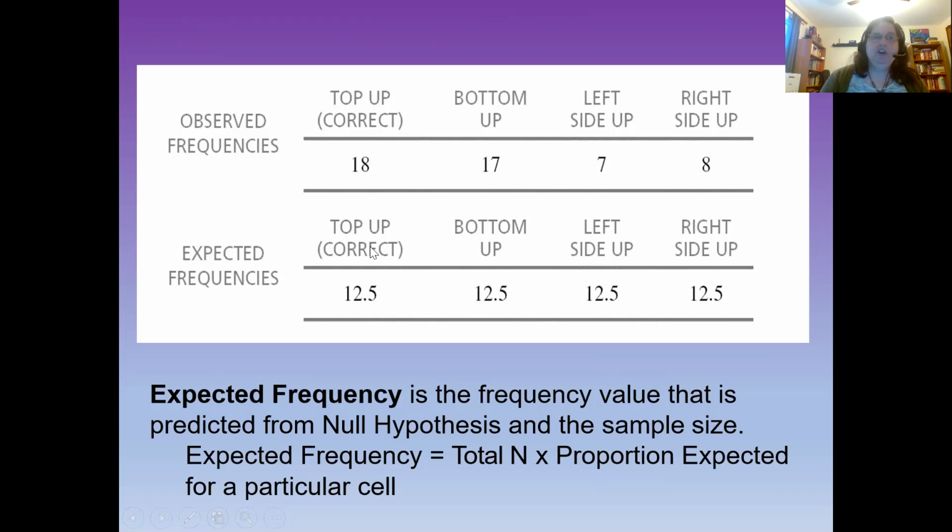So this is our null right here that we're figuring out. 50 times 0.25, or 50 divided by 4, would give you 12.5. Okay. So the expected frequency, again, is the frequency value that's predicted from the null hypothesis and the sample size. And that's a piece worth understanding, just so you have a sense for it.